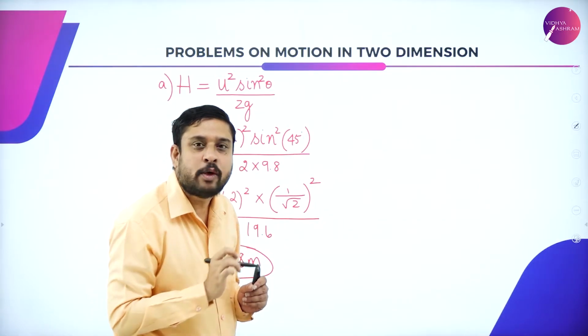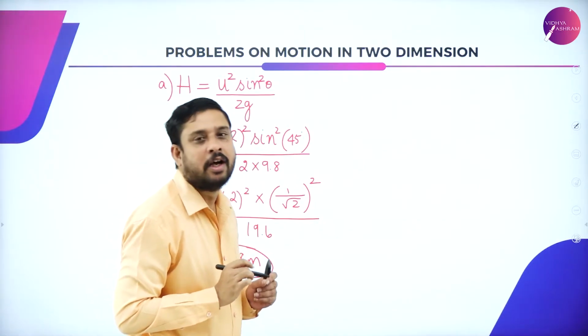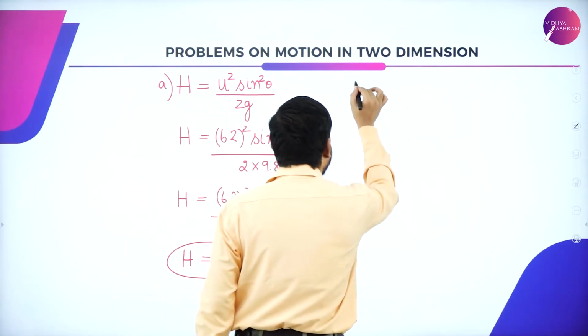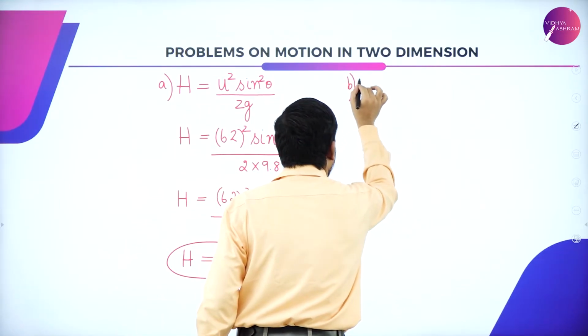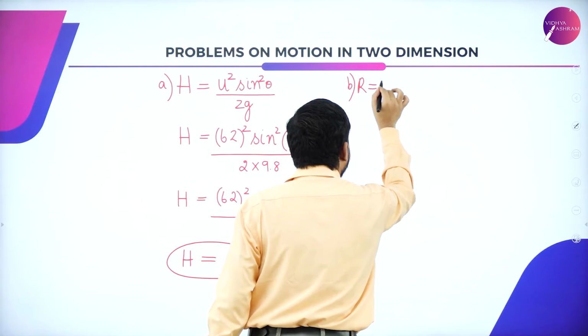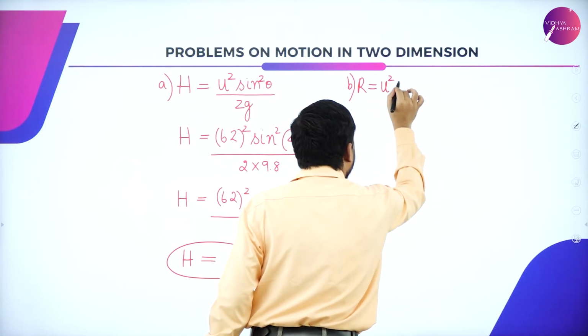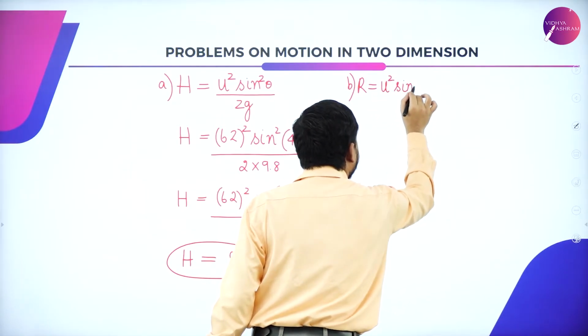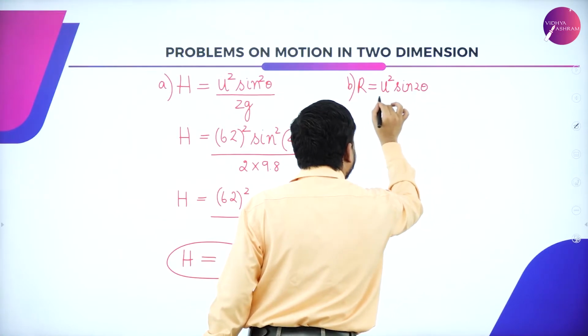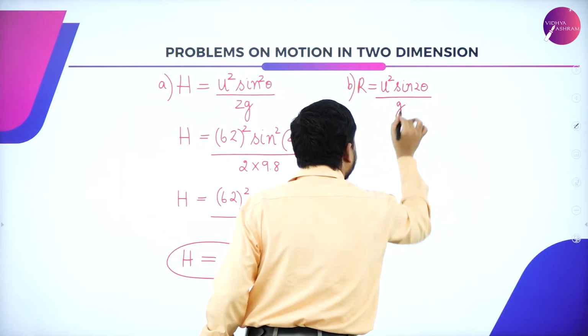Next we calculate horizontal range. Come on students, what is the expression for range? u square sin 2 theta by g.